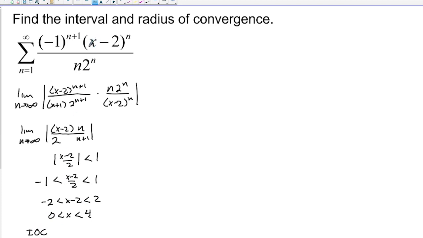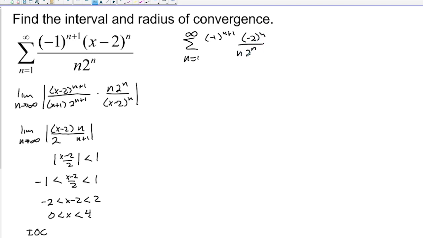Let's plug 0 in here. When we plug 0 in, we get negative 2 to the n. What do we get? We get the sum from n equals 1 to infinity of negative 1 to the n plus 1, and we get (negative 2)^n over n times 2^n.